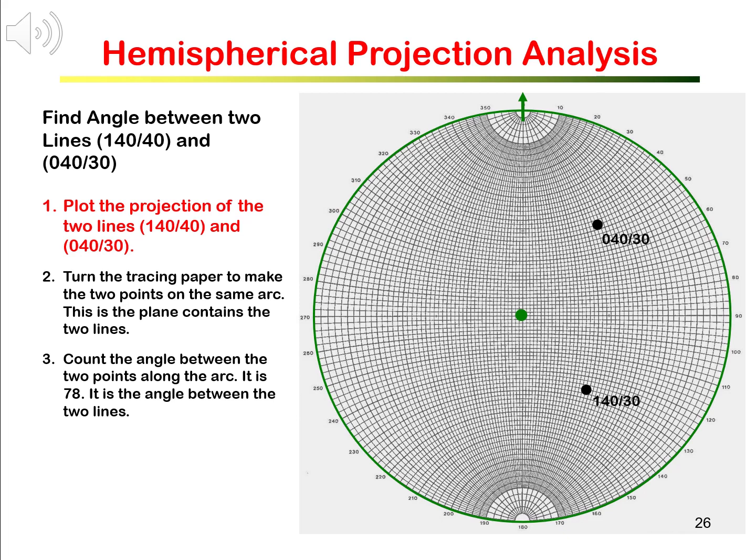Let's do a couple more examples. This time, find the angle between two lines. When two non-parallel lines intersect, they usually have an acute angle and an obtuse angle, unless they are perpendicular to each other.